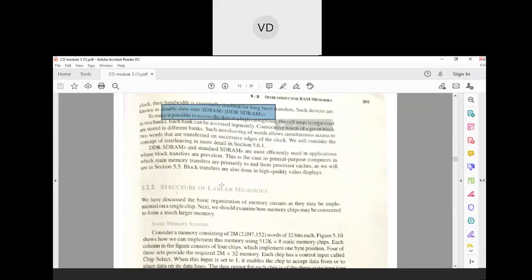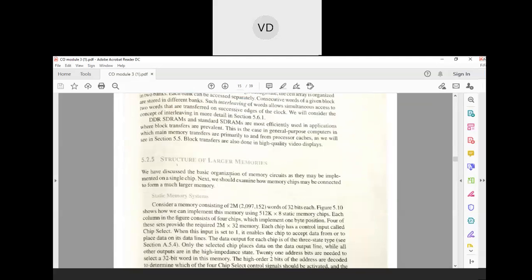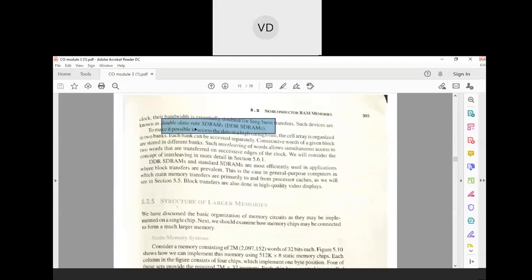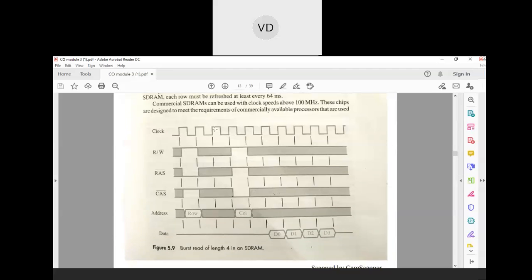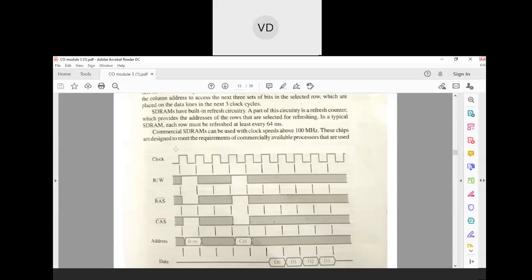So next we'll be studying the structure of larger memory. I'm going a bit faster here because this is a very simple concept. Double data rate means what? The name itself is indicating double: on the rising edge you are transferring the data, and on the falling edge also. What is a rising and falling edge?